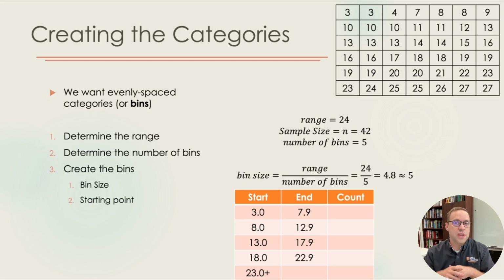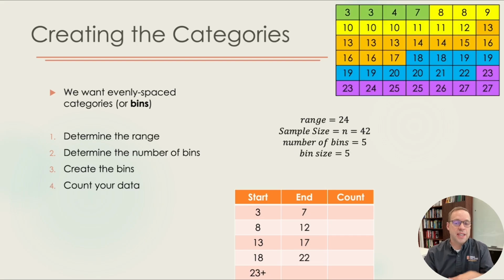Or if we need to do 2 decimal places, as in the case of money, maybe the first bin ends at 7.99. And then the next bin would start right at 8. Perfect. We're going to stick with the first one we had with this example, just because we're dealing with whole numbers. We don't need to go with the decimals. But I'm just making you aware you can do this with decimals.